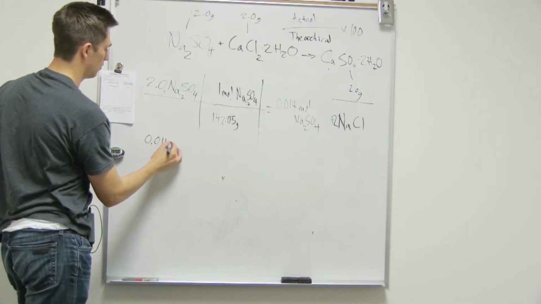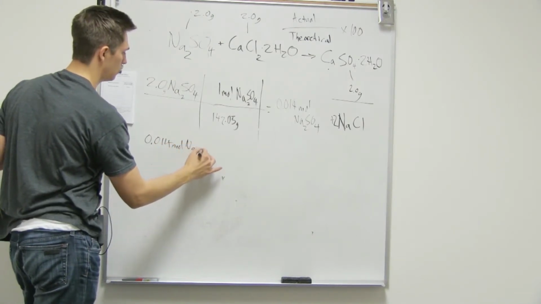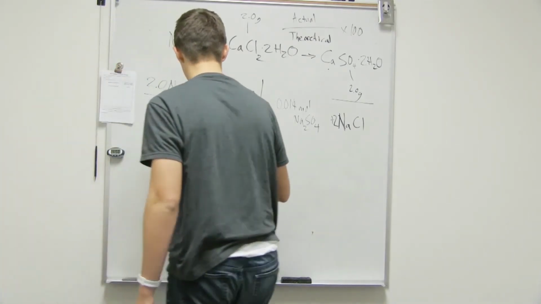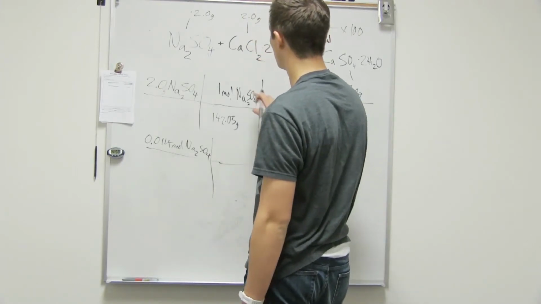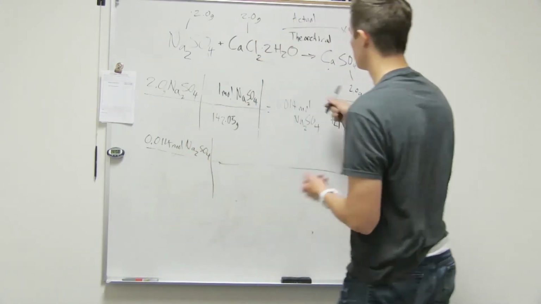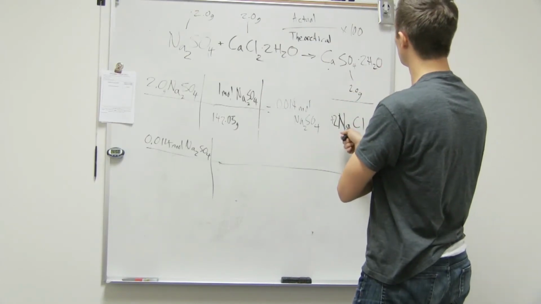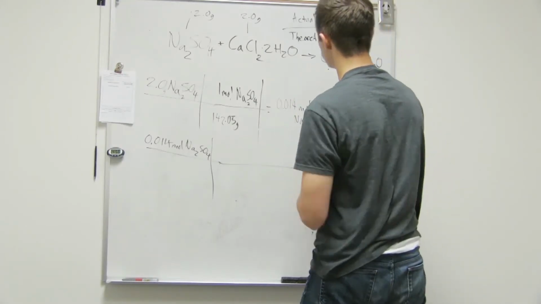Come down here. 0.014 moles of Na2SO4. We can use the molar ratio, which is 1 to 1. As far as I'm concerned, we are balanced. Looks good to me.